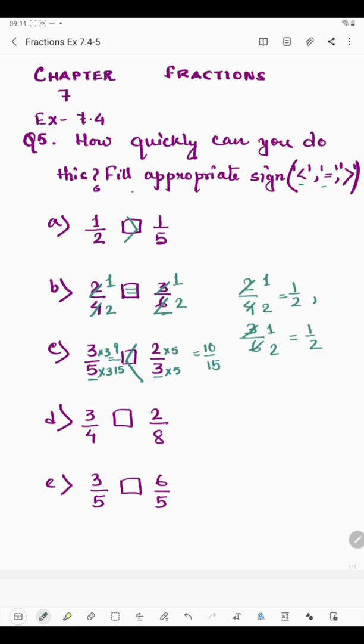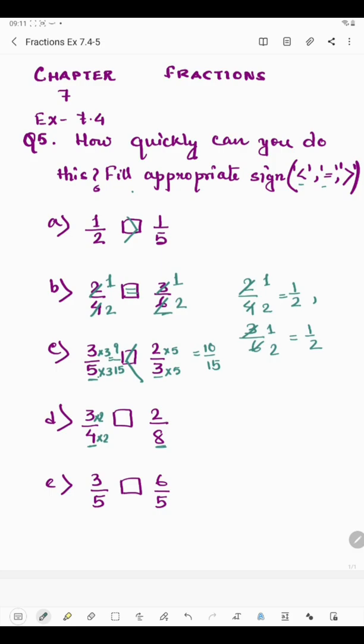Here in the next fraction we have 8 in the denominator, and here we have 3 by 4. Now we will make the denominator the same. So here we have already 8, and 8 comes in 4's table. So if you multiply by 2, then we will get 8, and here we will multiply by 2.